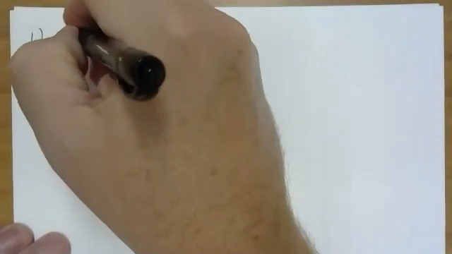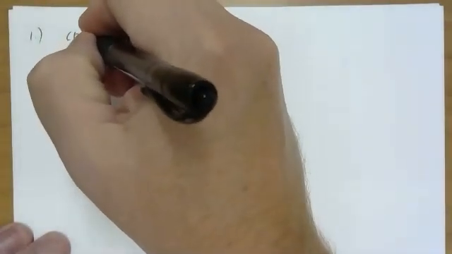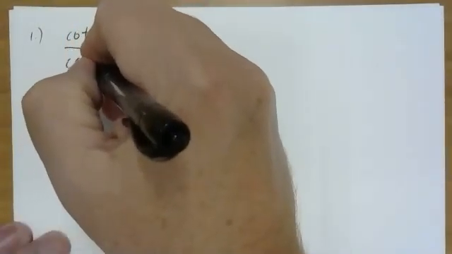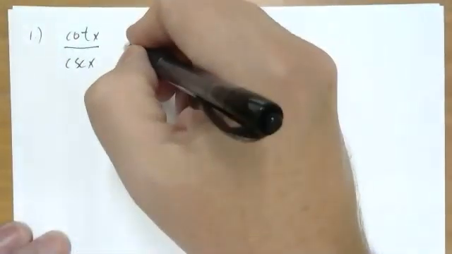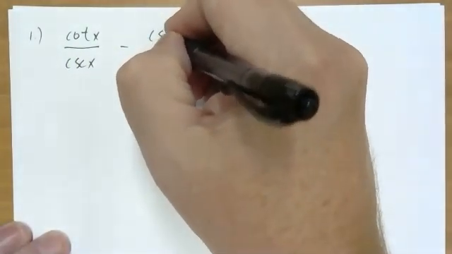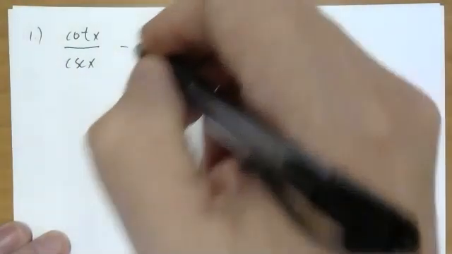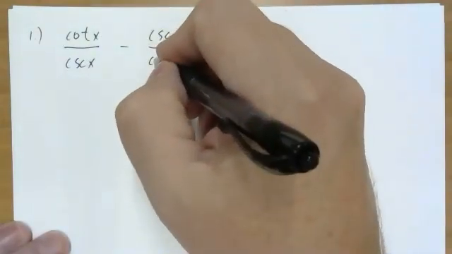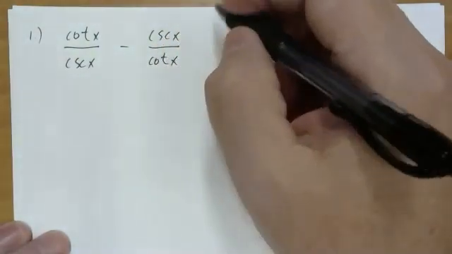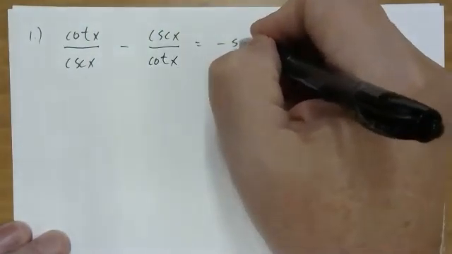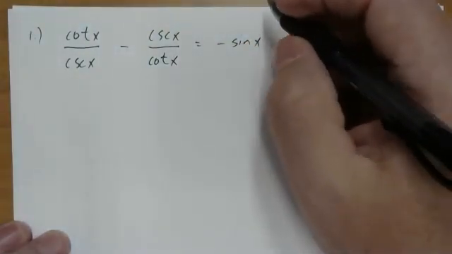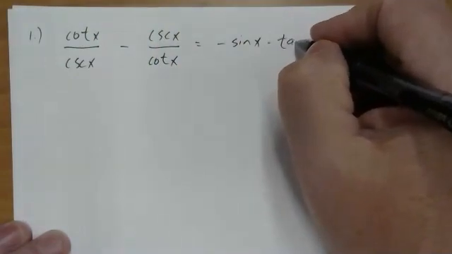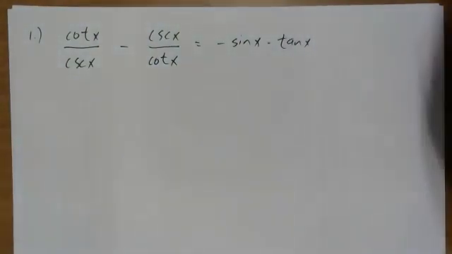So the first one is cotangent of x over cosecant x minus cosecant x over cotangent x equals negative sine of x times tangent of x.